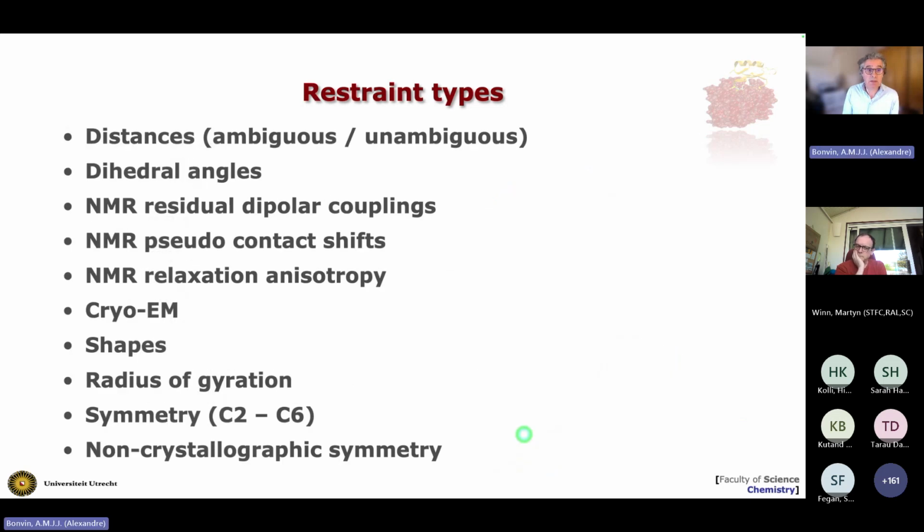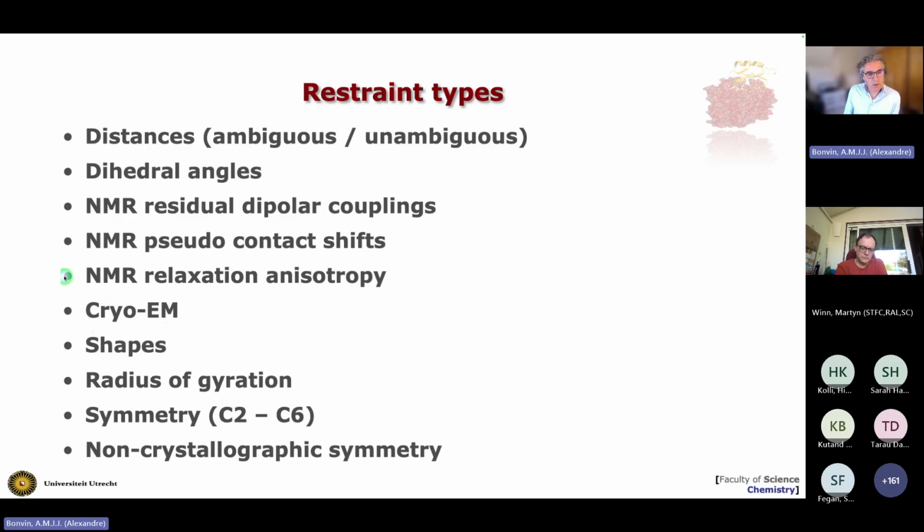In terms of restraint types over the years, everything started with distances and these highly ambiguous distances that allow you to encode basically anything in terms of interactions. A lot of NMR data have been added over the years because, being part of a big NMR lab, this was a natural thing to do.